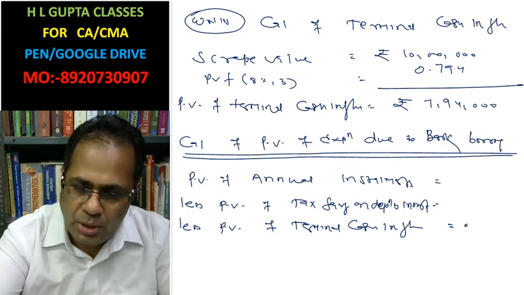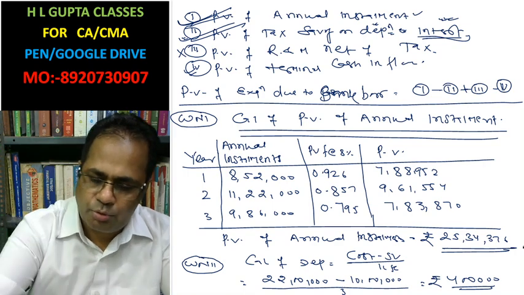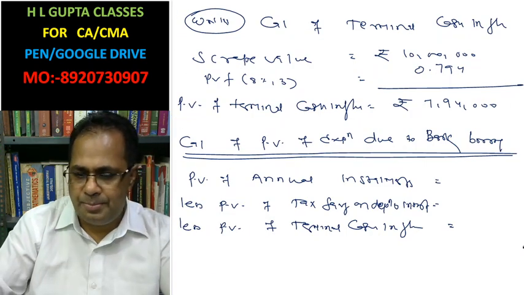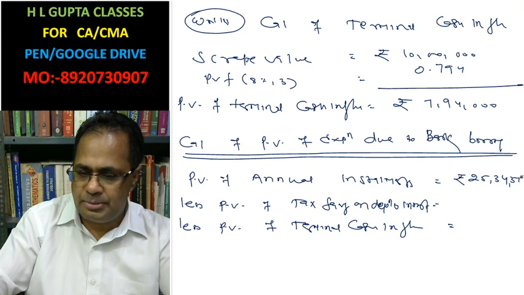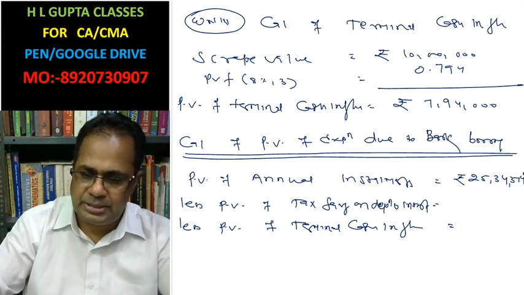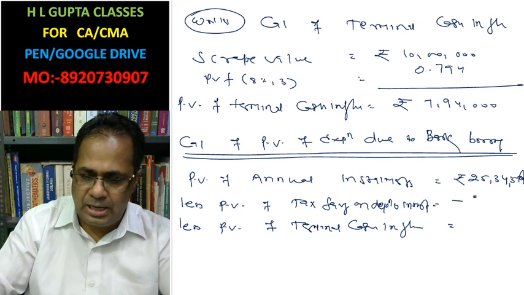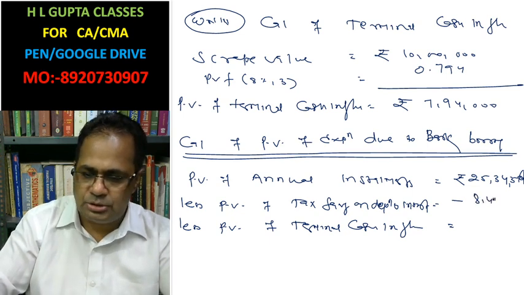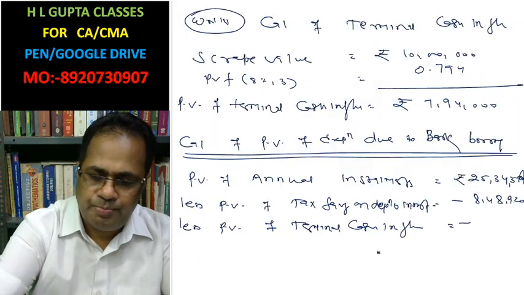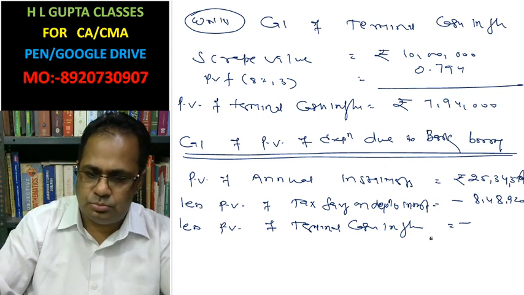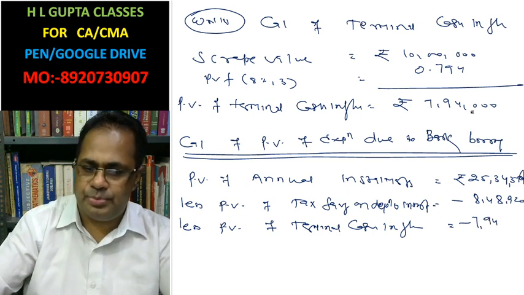The present value of installment is 25,34,376, minus 8,48,920, minus 7,94,000. This is already calculated.